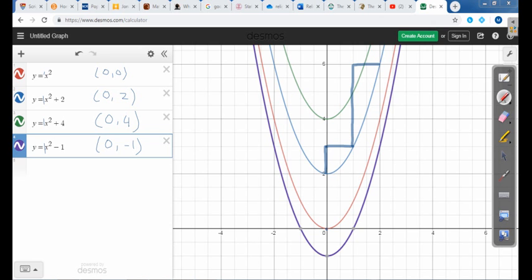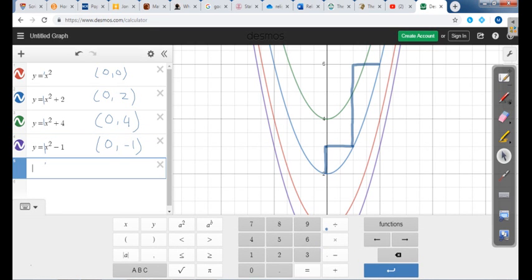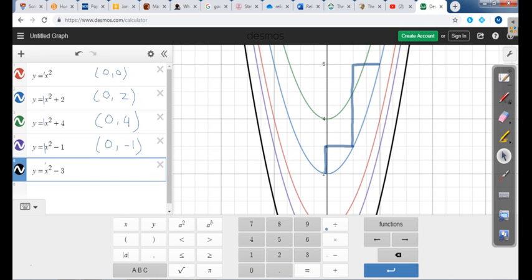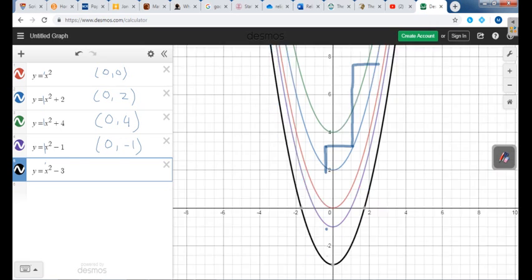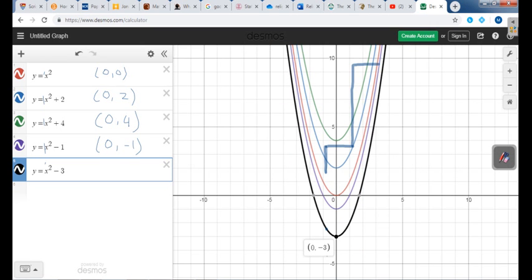Then my next graph was what? Y equals what? I'm going to zoom out for a second. Look here, this is where my vertex is. Again, I have a vertical translation. What's the vertex here? 0 and what?